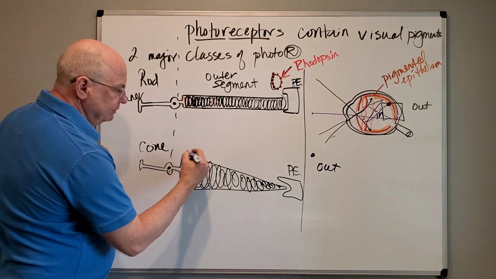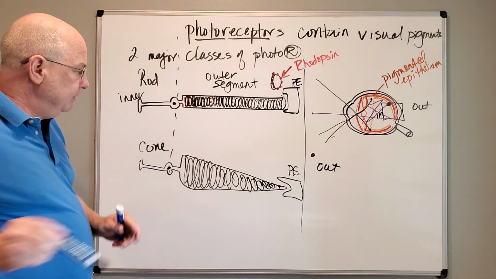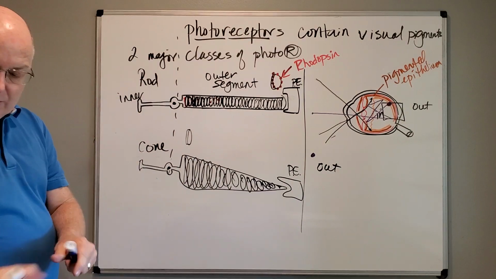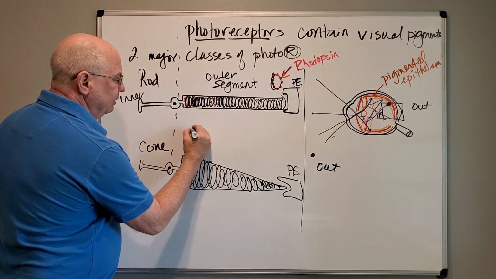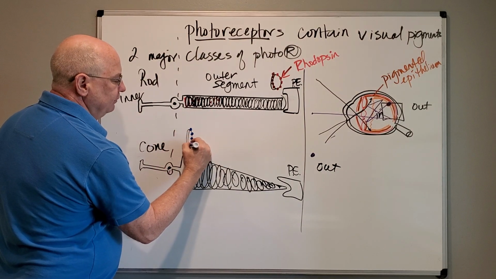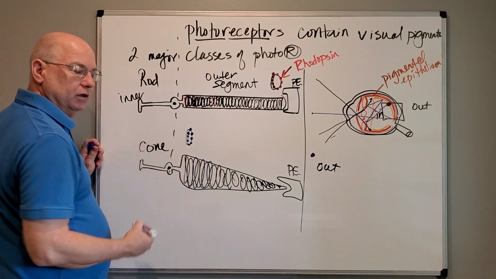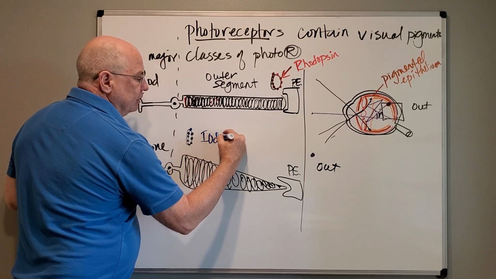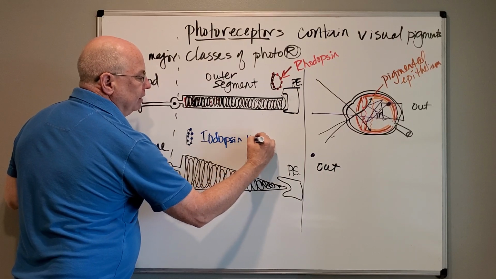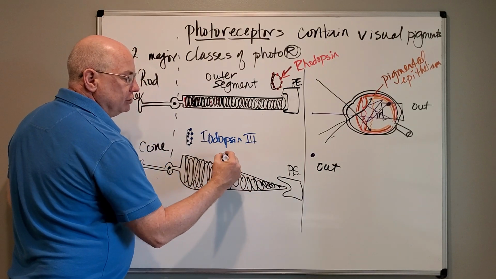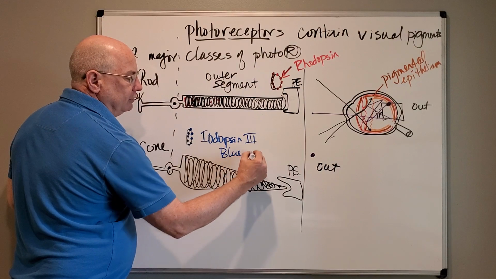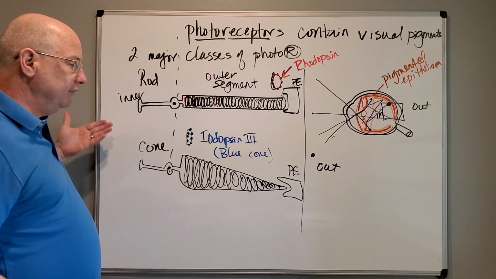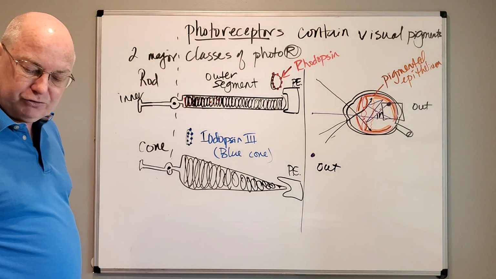And on these discs are the visual pigments. If I pulled one of these discs out, what I would see is on this disc, instead of rhodopsin, I might have one of the other visual pigments. If this one makes the visual pigment to absorb those photons in the blue part of the spectrum, then we would say that this would be iodopsin 3, and this cone is sensitive to blue light, or we sometimes refer to it as a blue cone because they're sensitive to photons in the blue part of the spectrum.